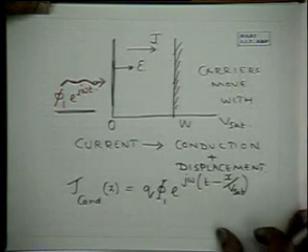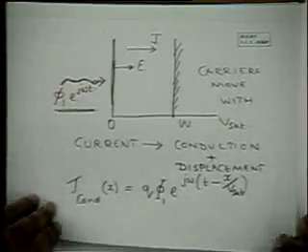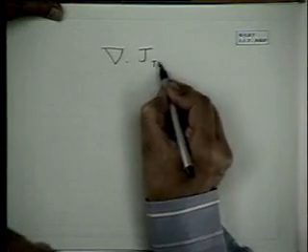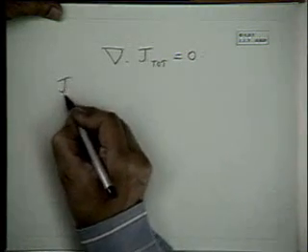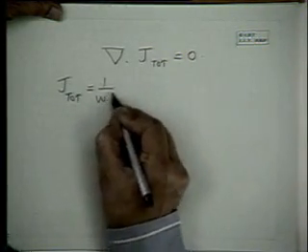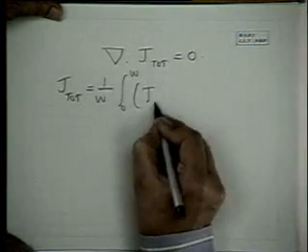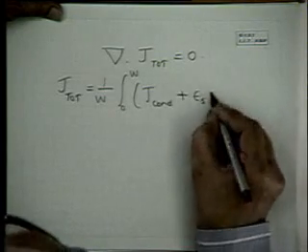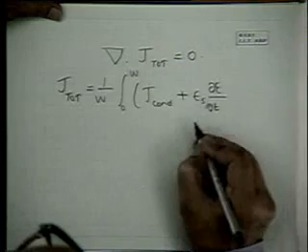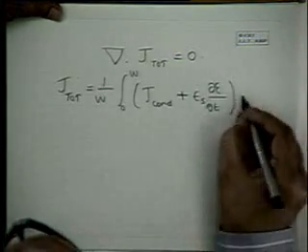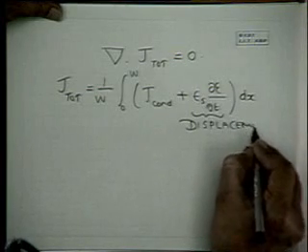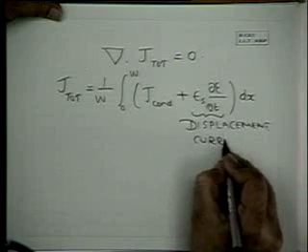Now we want to calculate what the displacement current is. From Maxwell's equations, we know that the divergence of total current J is equal to 0, and J is equal to 1 by W, integral 0 to W, of J conduction plus the displacement current, which is just the dielectric constant times delta E by delta T, the variation of electric field with time, into dx. So this is the displacement current density.